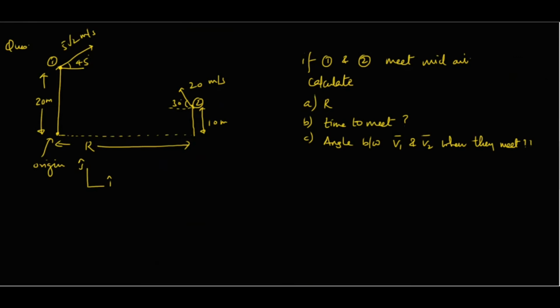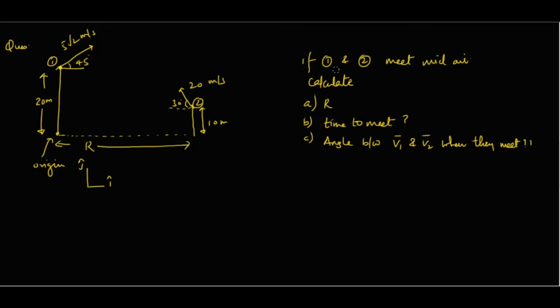Okay, so here's a problem that I've taken for this 2D motion. This is 5√2 meter per second, initial velocity, angles 45 and 30, and the initial height is 20 meters. For this particle 2 it's 10 meter, and this r is unknown. Again, I've taken this point as origin, and right hand side is positive x and upward is positive j.